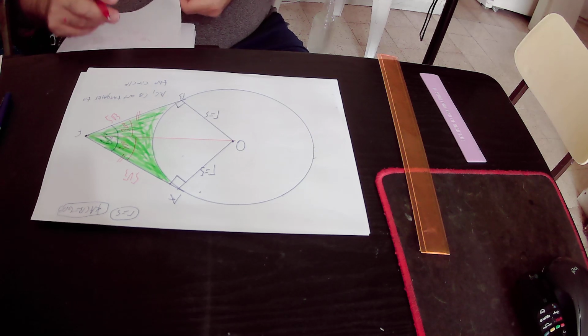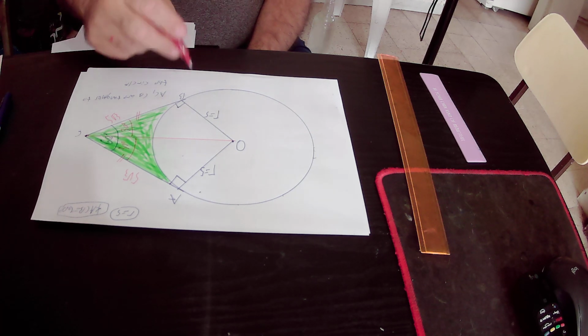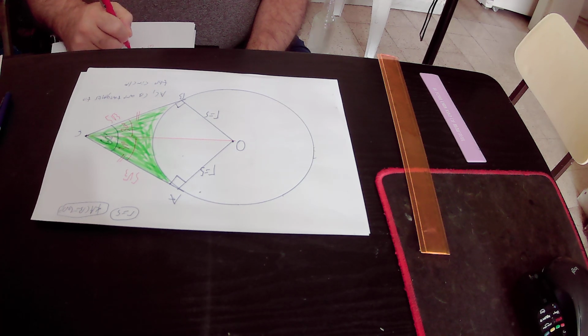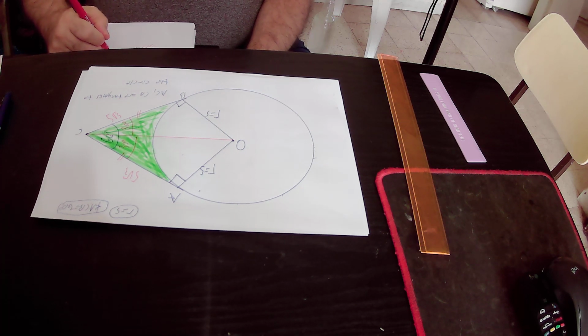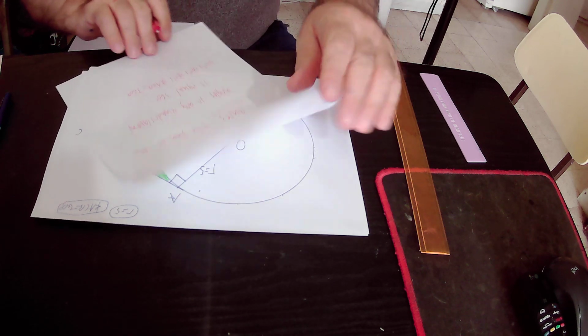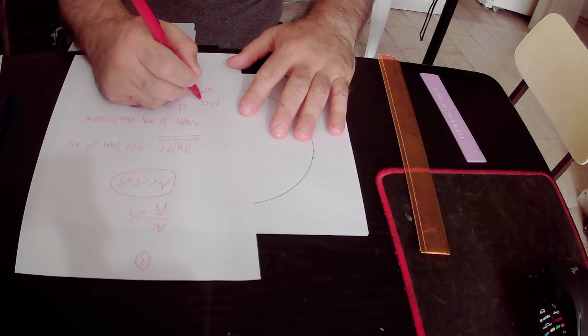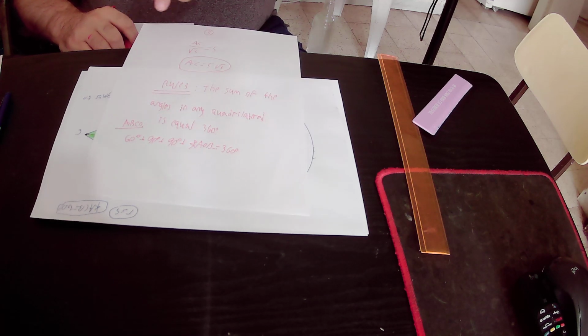The angles are 60 degrees plus 90 degrees plus 90 degrees plus angle AOB, the size of angle AOB, must be equal to 360 degrees according to rule number 3.